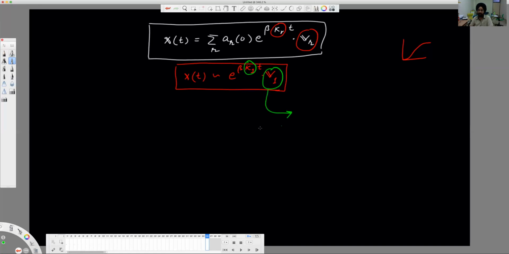You already know the leading eigenvector of the adjacency matrix. What is the leading eigenvector of A? That is nothing but the eigenvector centrality, right?